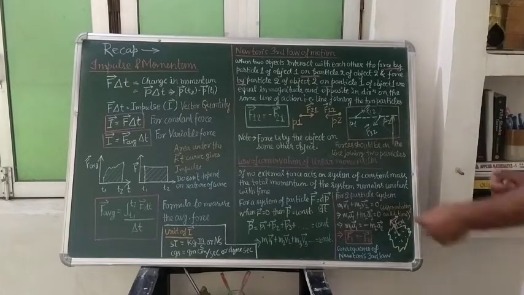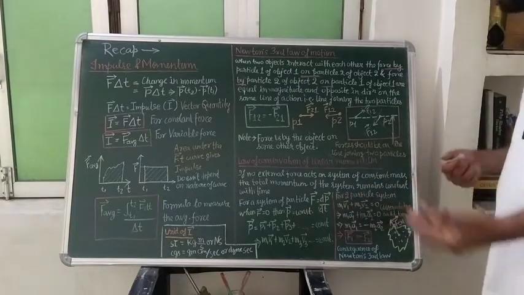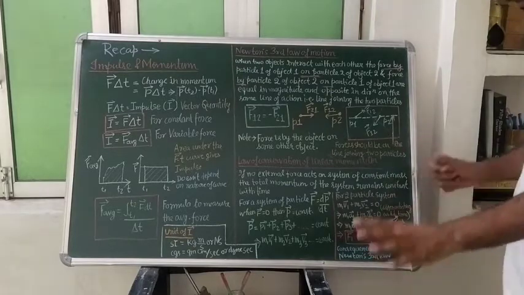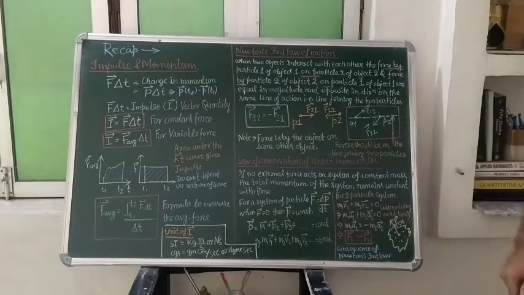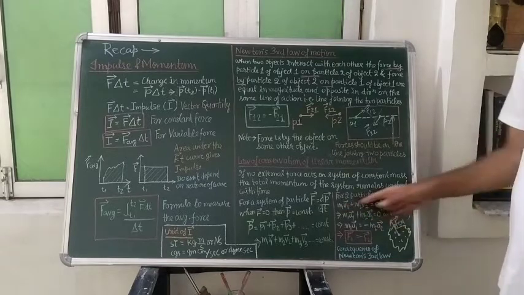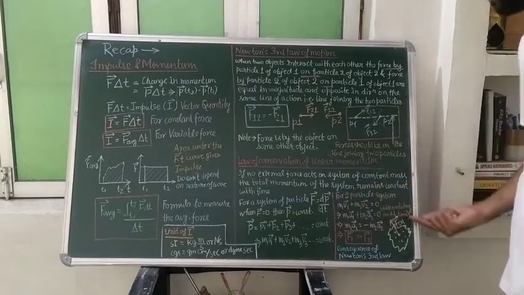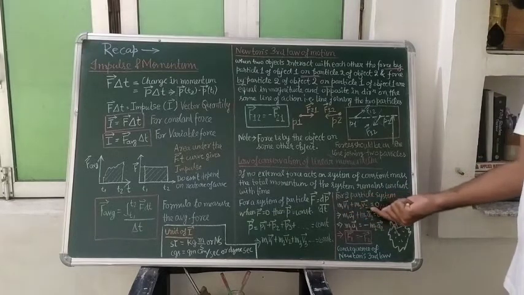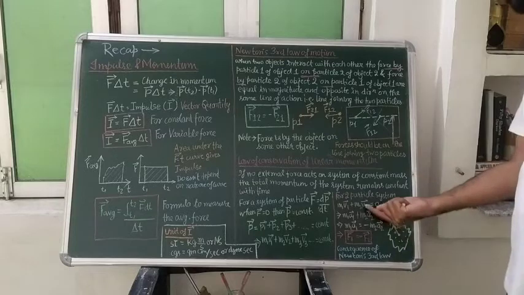And we have seen that for a two particle system, if only two particles are present in our system, any system which is closed, having constant mass, the momentum is constant. So mass times velocity plus mass times velocity of particle 1 and particle 2 will be constant.